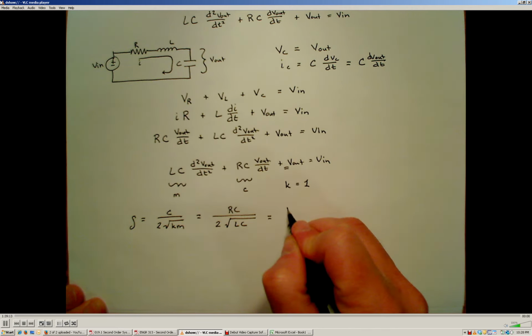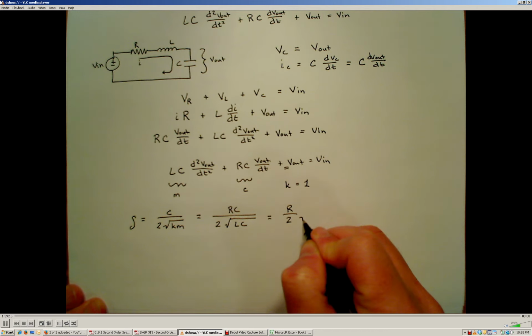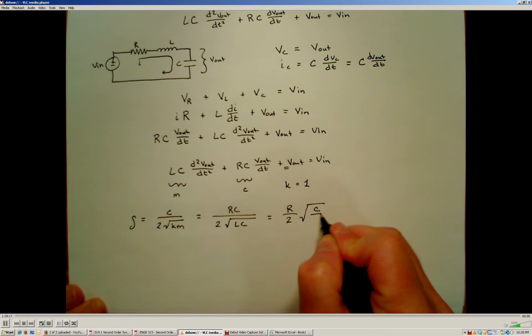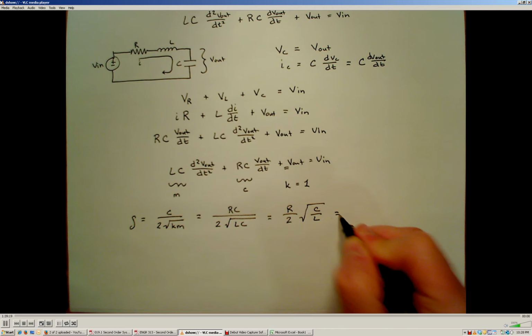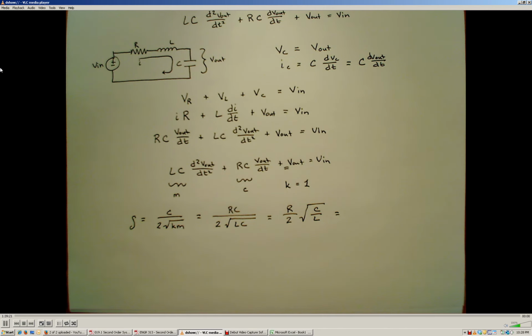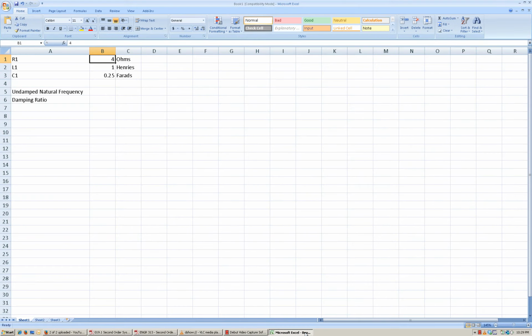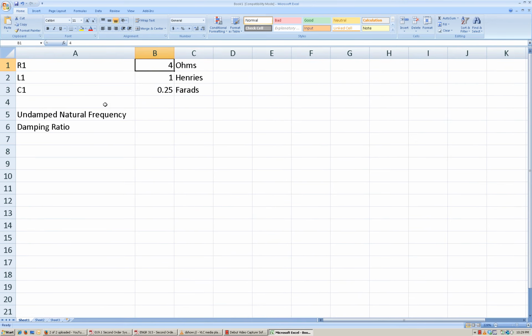That gives me R over 2 times the square root of C over L. Now I'm going to come over to my calculator in Excel and calculate the value for the damping ratio.